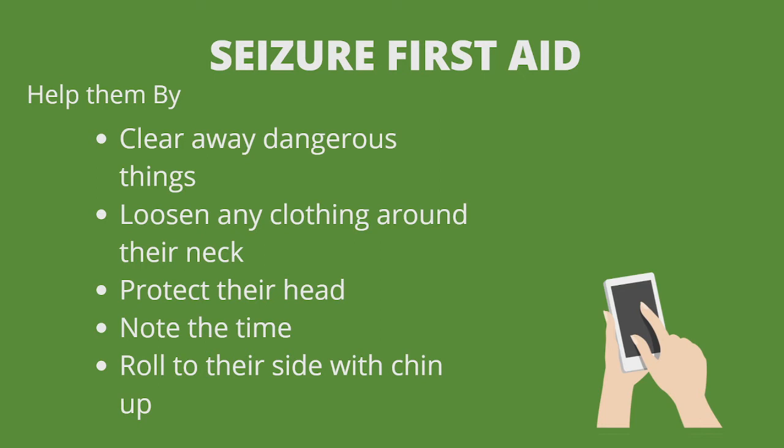Protect their head by placing something soft under their head. Note the time when the seizure started. It usually ends within a minute or so. If it goes beyond 5 minutes or another seizure starts, call for help. When the seizure stops, roll them to their side with their chin up to clear the airway.